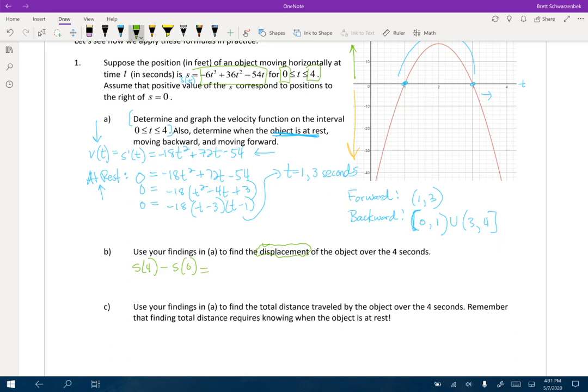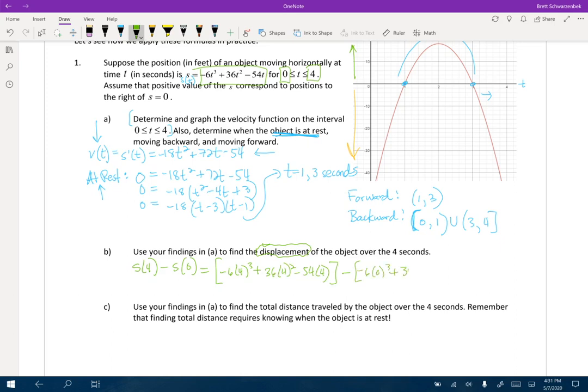So how do we do that? Well, we go back to our original function, and we're going to get negative 6 times 4 cubed plus 36 times 4 squared minus 54 times 4. Then we subtract the same values with 0 in them.